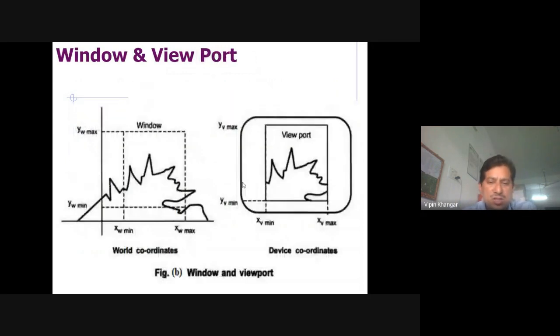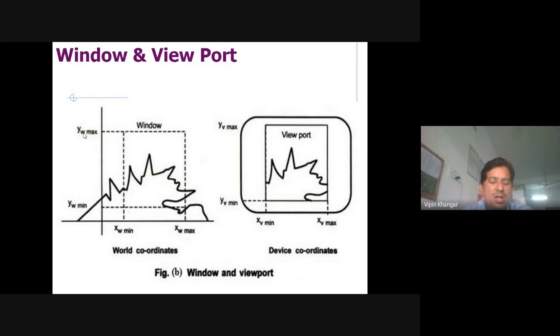You can see in diagram B that on the left-hand side the world coordinates (WCS) are shown, and on the right side the device, or graphics display. We have an infinite world, but only a finite part of the picture in the world coordinate system is taken to be displayed on our graphics display.